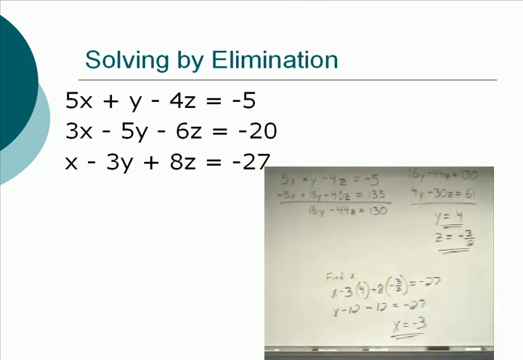And x turns out to be negative 3. And so if we write that as an ordered triple, the solution to the system is negative 3, 4, negative 3/2. And we're done. So we eliminated.